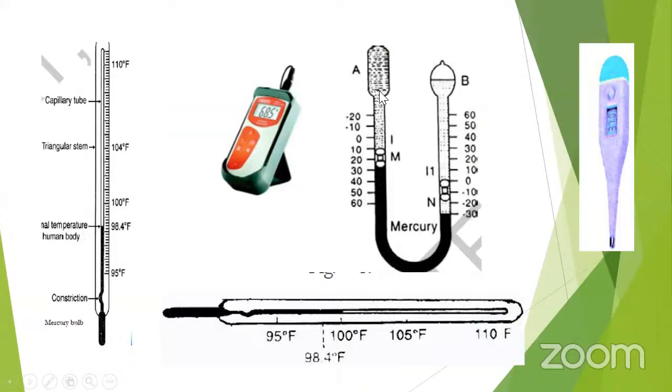So in the Six's maximum and minimum thermometer, here two things we are using. The black colored thing is mercury and the other part is alcohol. But in some other thermometers, usually what we see is only mercury is used or only alcohol is used, not both. But in the Six's maximum and minimum thermometer, we are using mercury as well as alcohol.